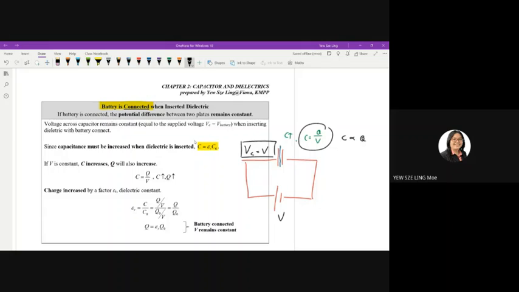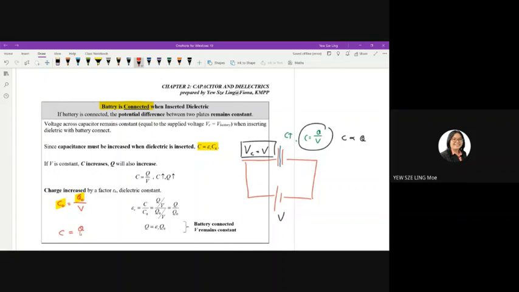So in this case, if V is constant, how are we going to derive the equations? We still use C naught equals Q over V, but now it's Q naught over V, where Q is proportional to C, and my V is constant because it is connected to the battery.